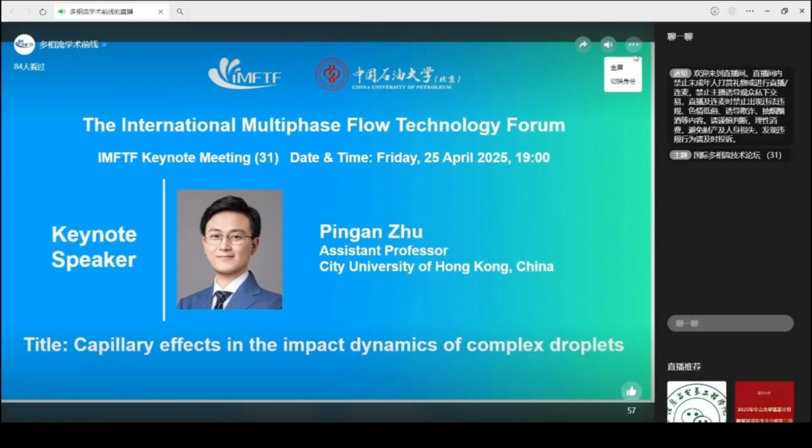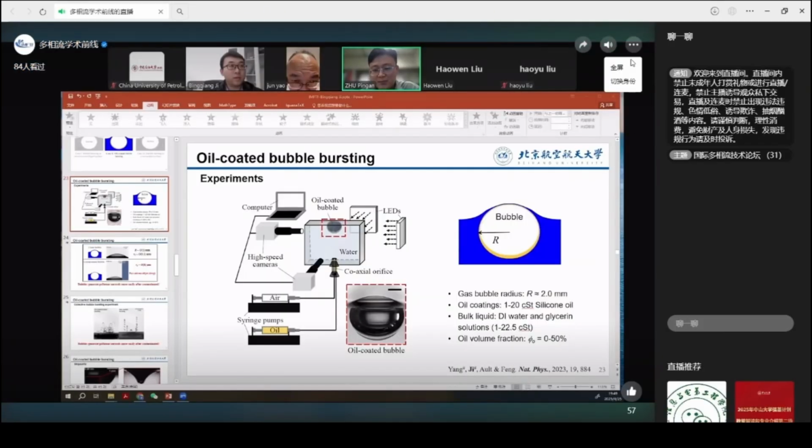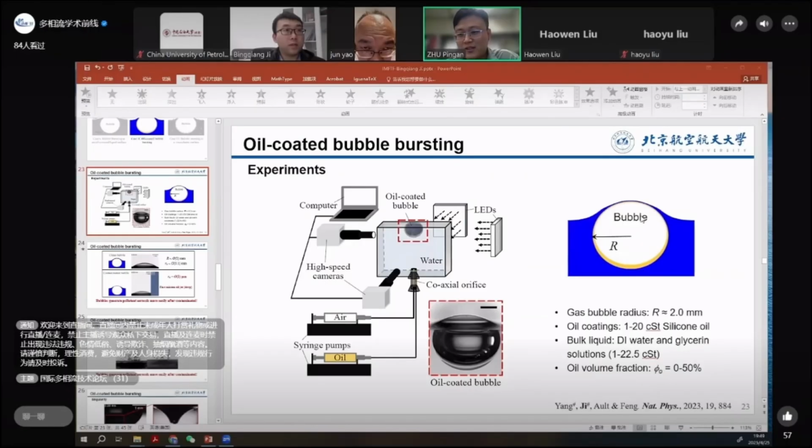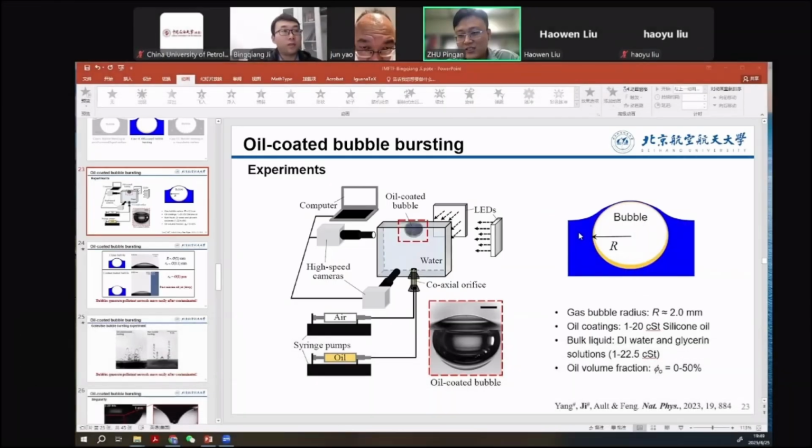So probably in your experiment you can hold the bubble to stay for some period along the surface, right? And then you just use a needle to induce the collapse of the bubble, so that you can ensure very good control over the flow field around the bubble before it bursts.